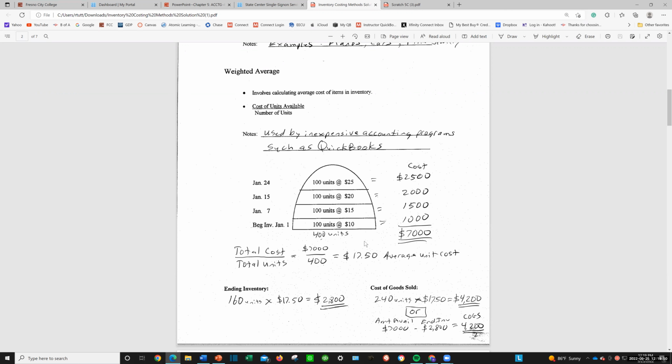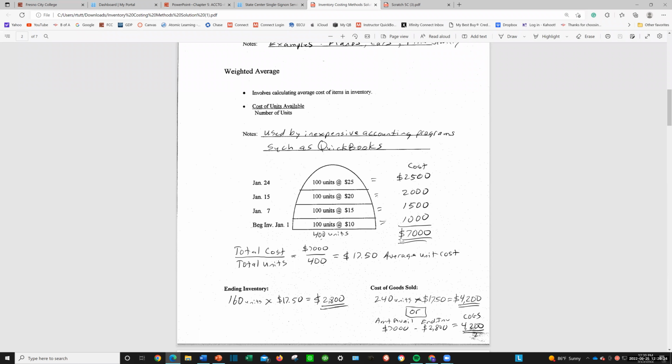Now, how do we do this? Well, we've got to find the average cost of the units. So we know we've got 400 units available, right? And what's the cost of those units? Well, 100 units times 25, 2,500. 100 units at 20, 2,000. 100 units at 15, 1,500. 100 units at 10, 1,000. So the cost of these 400 units is 7,000.